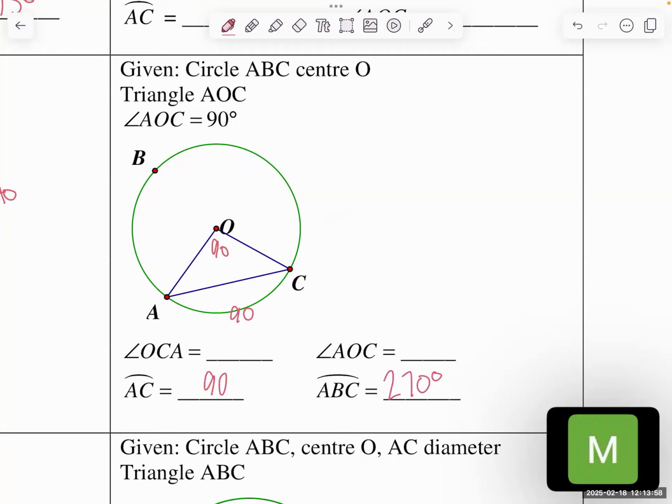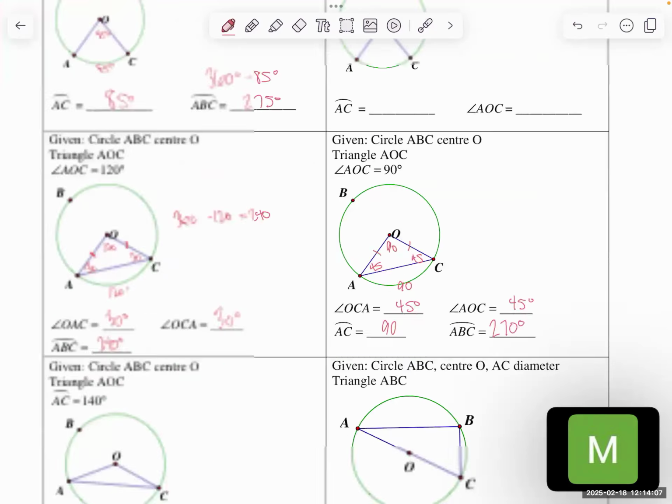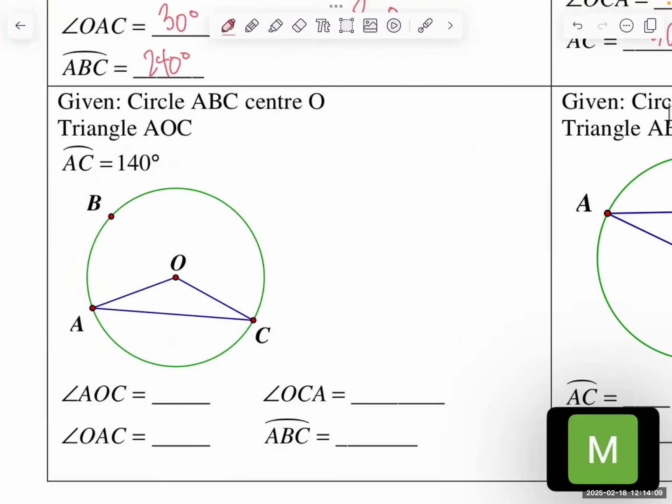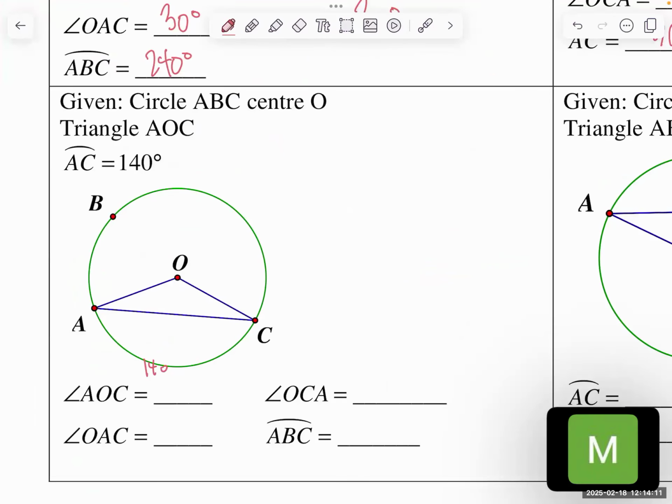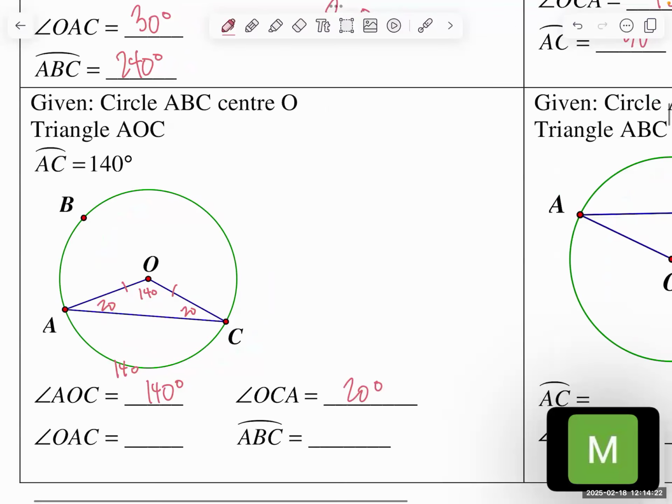And now OCA, same thing, equal radii. These both have to be 45. Same thing here. AC is 140, which makes this 140, which makes both of these 20. So OCA is 20, AOC is 140, OAC is 20. And then ABC is 360 minus 140, which is 220.